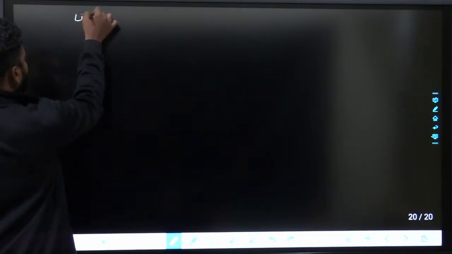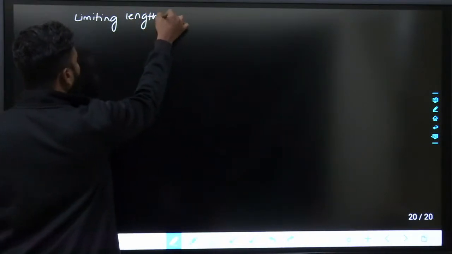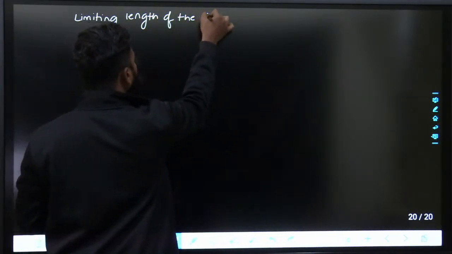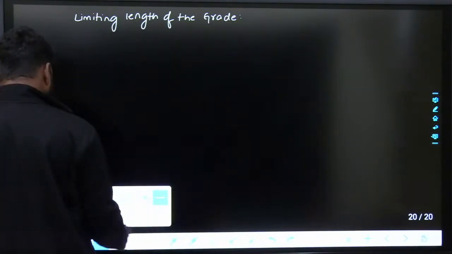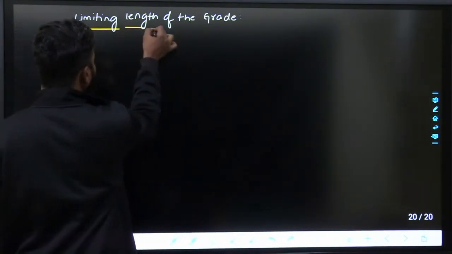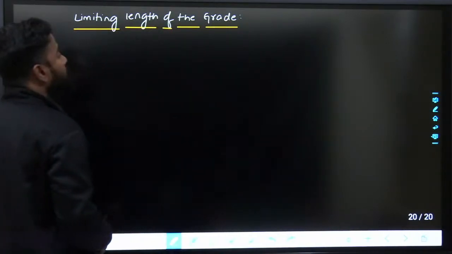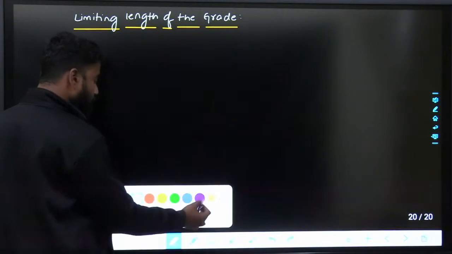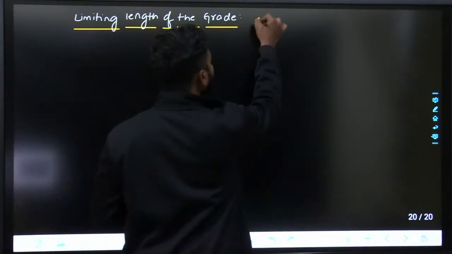Next one is limiting length of the grade. So what exactly is meant by limiting length of the grade? Any idea?